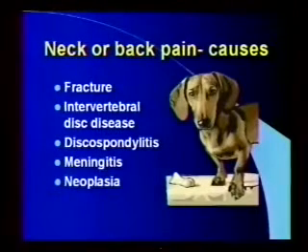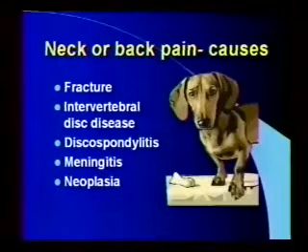A third possibility is an infection of the vertebrae called discospondylitis. Discospondylitis is usually a bacterial infection of the vertebrae, and boy, it is very, very painful. Meningitis can be caused from a variety of organisms, but quite honestly, most of the time, it is associated with an autoimmune process, or at least a suspected autoimmune process.